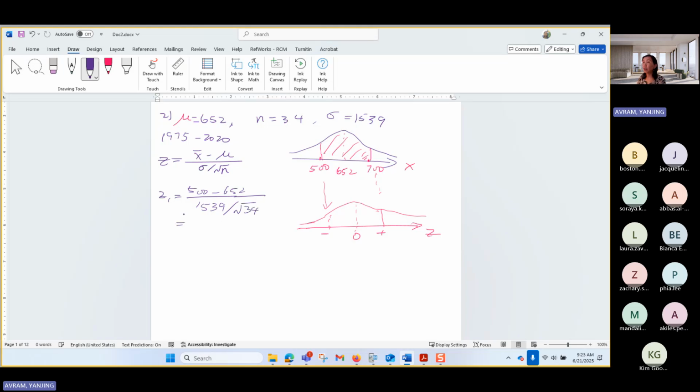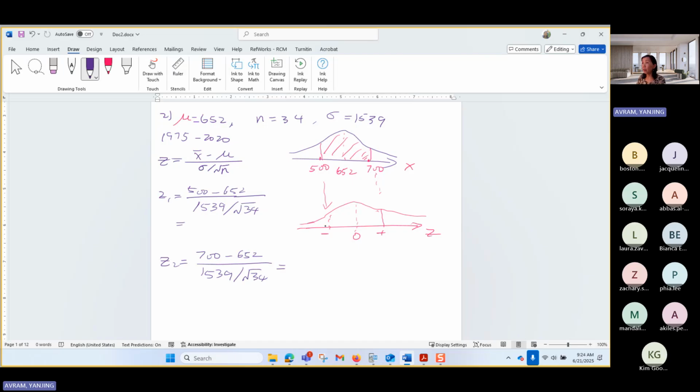You find the first G-score. And then you find a second G-score, which is using 700 minus 652. Okay. And then we find the two G-scores, and then we will be able to calculate them, right? And then we find the two areas.